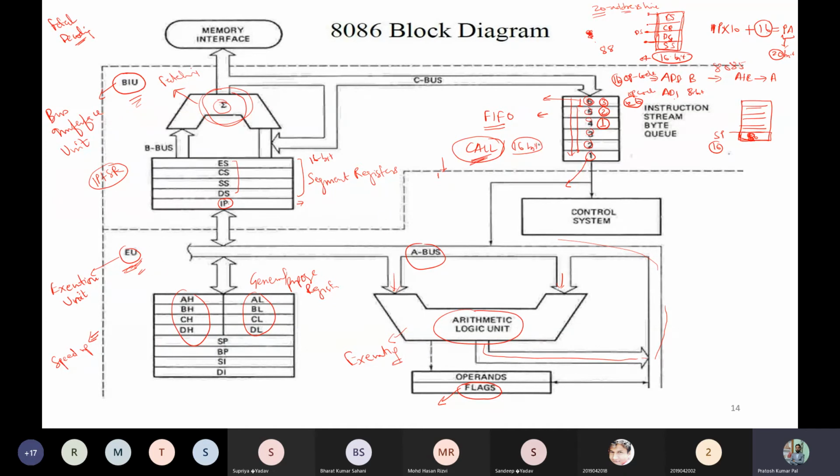So these different blocks are there, and also make sure that the control system is in the execution unit. The bus interface unit has only one arithmetic block that performs arithmetic on the segment registers with the instruction pointer register. And this is used only for fetching the instruction.